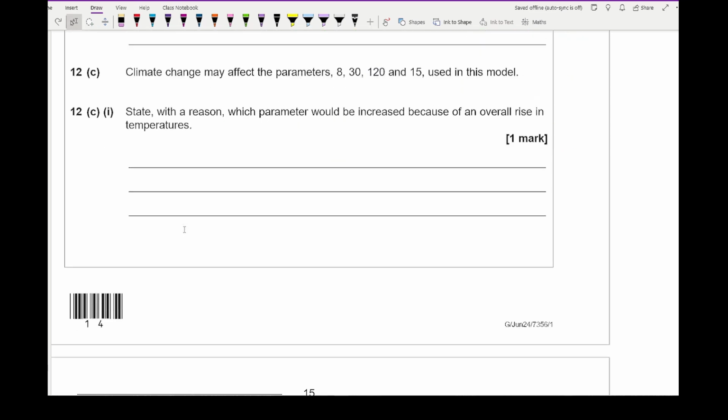For part 12c, it says climate change may affect the parameters 8, 30, 120 and 15 used by this model. State with a reason which parameter would be increased because of the overall rise in temperature. Well, for this, it's going to be the 15. This is because this will add more to the temperature for every month.